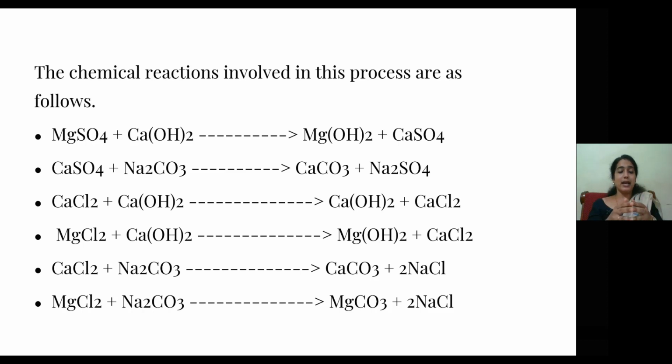This calcium carbonate can be sedimented out. And the calcium chloride present in water reacts with the lime, Ca(OH)2, to give Ca(OH)2 plus CaCl2. You see the same equation, but an exchange process will happen. In the next equation, magnesium chloride reacts with the lime to give magnesium hydroxide plus calcium chloride.